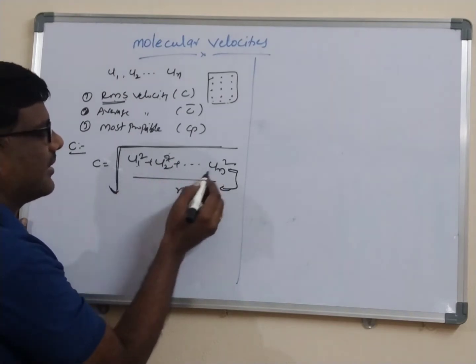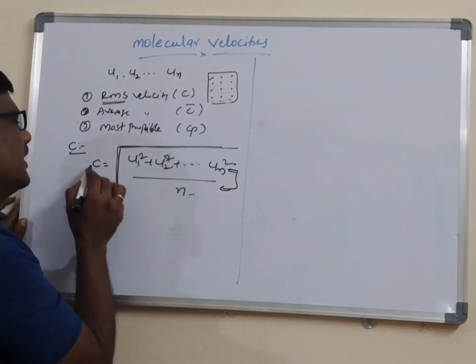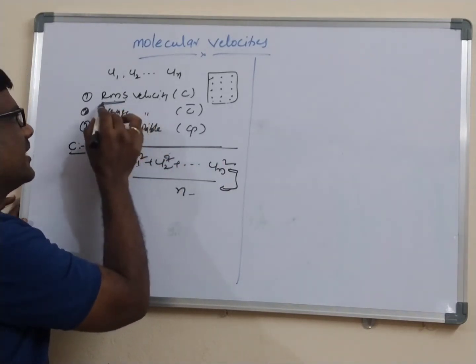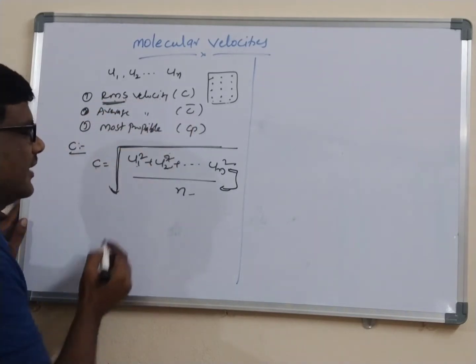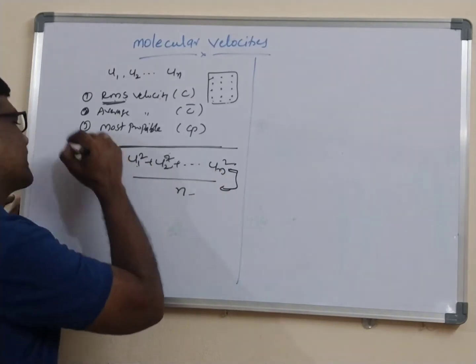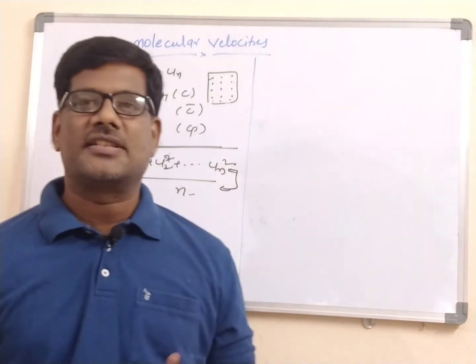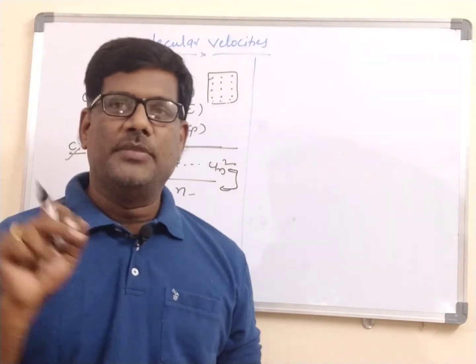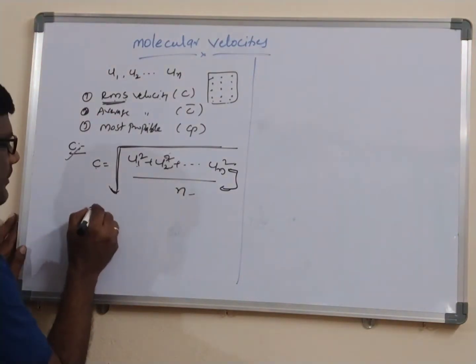So the sum of the squares of the velocities divided by the number of molecules, under the root, is called the RMS velocity. Once again, the square root of the mean of square velocities is called the RMS velocity.